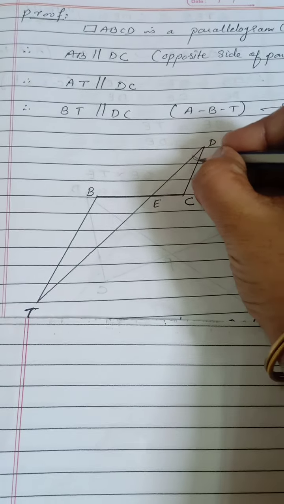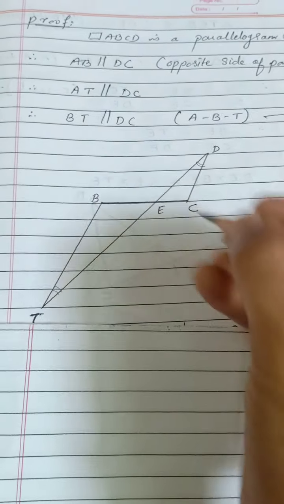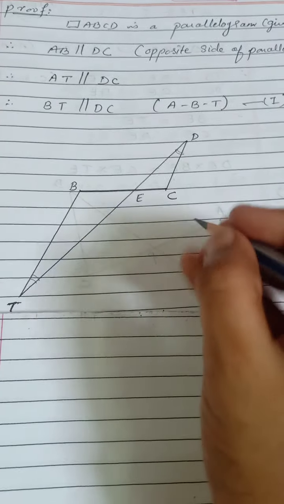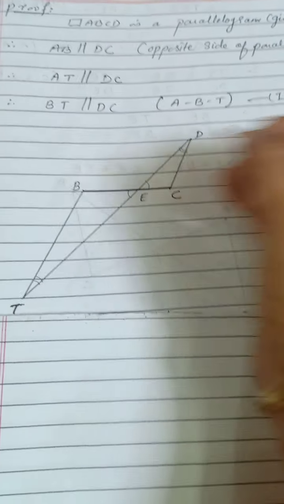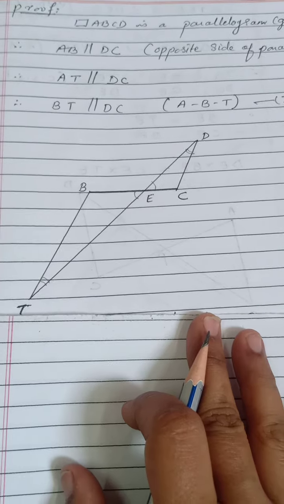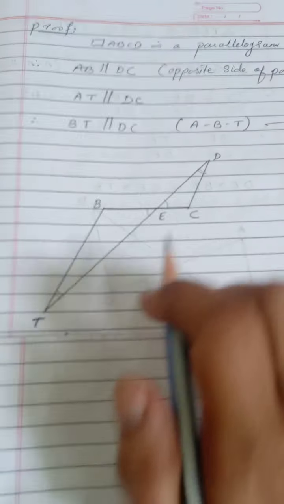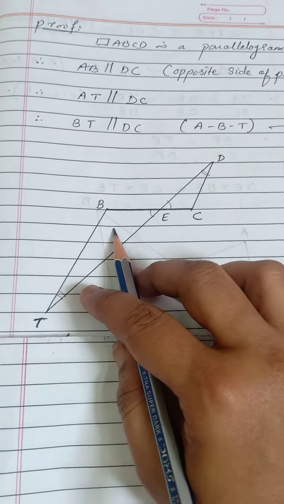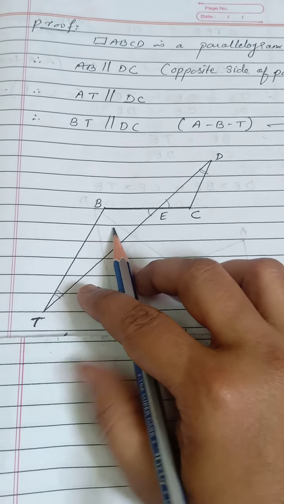So this angle and this angle will be alternate angles, and angle E and angle E will be vertically opposite angles. By taking these two angles, we can show that these two triangles are similar by a test.